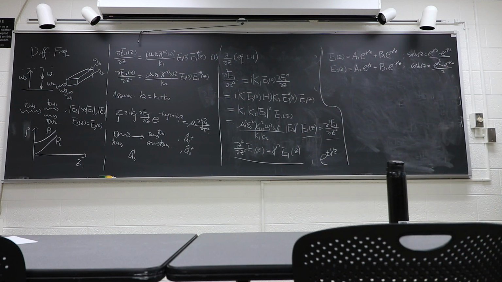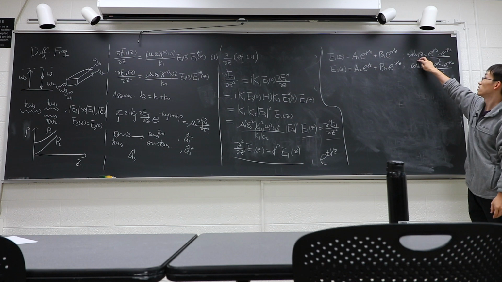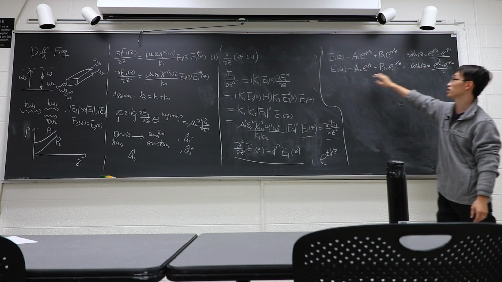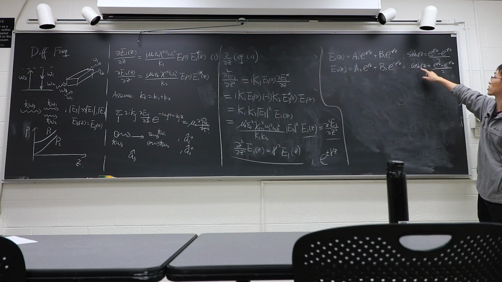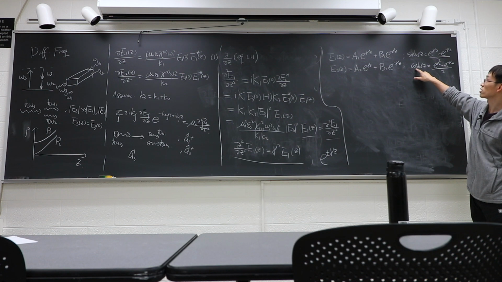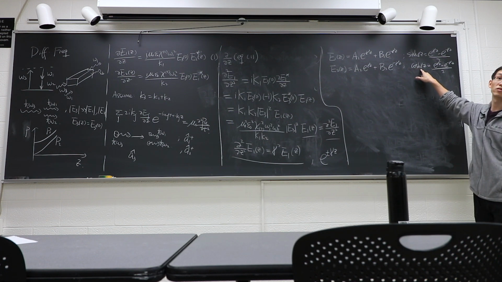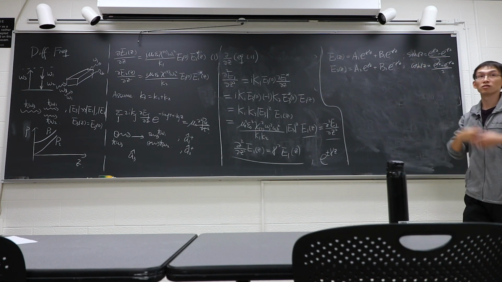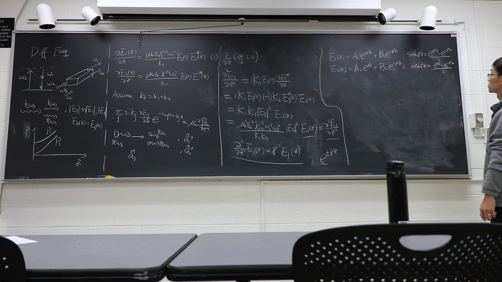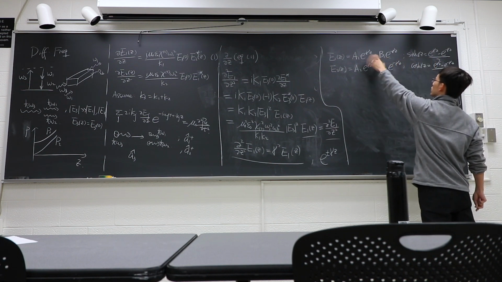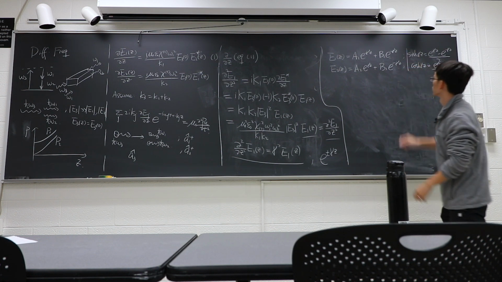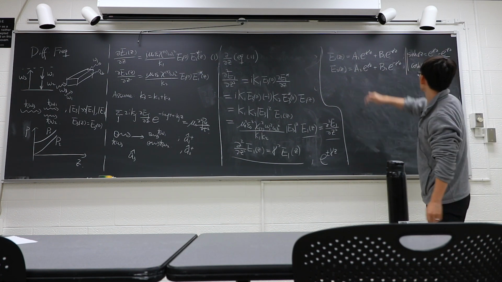Sometimes people do this because if you write it in this form, now you know, for example, for E2, the coefficient in front of cosine must be 0, right? Because it's 1 as z equals 0. This one, as z equals 0, is 0. Okay, so it's just a different way to do linear combination. Okay, so depending on which one you're more comfortable about. Personally, I like this more for no reason.